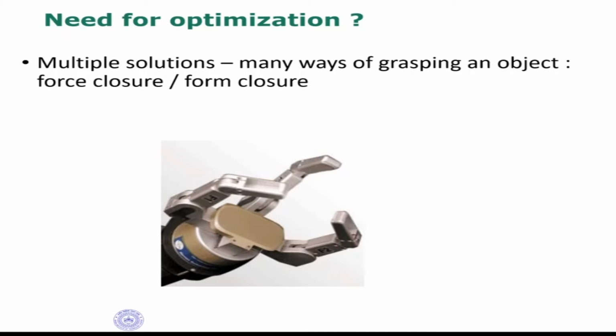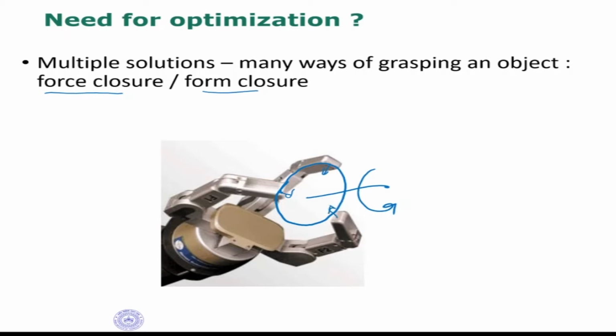For example, we looked at cases of form closure and force closure. In the last two classes, I think we looked at the concept of force closure and form closure, where the object is in closure by using 3 fingers with friction, or 4 fingers or more without friction. So suppose these 3 fingertips are holding an object like this, and I want to rotate this object in a particular way, then these fingers have to apply forces.